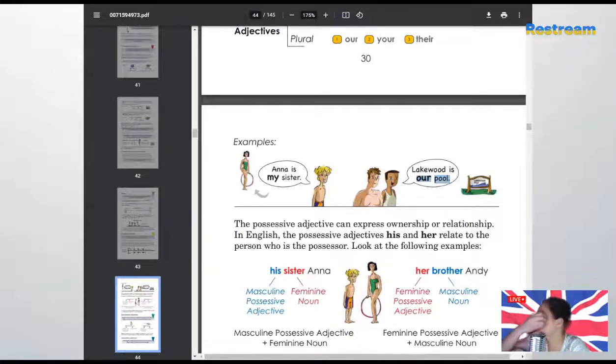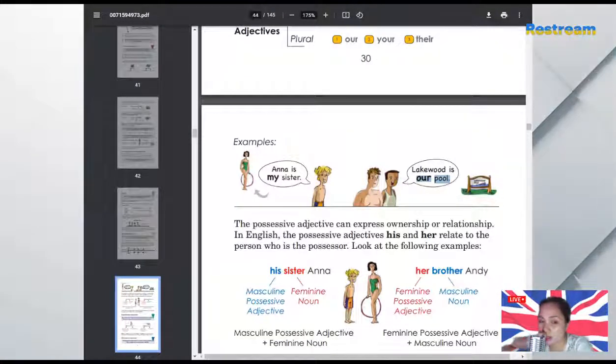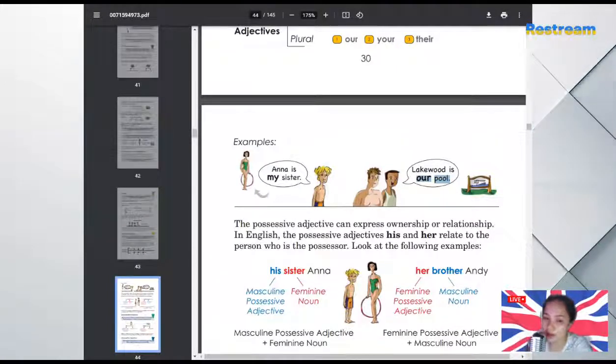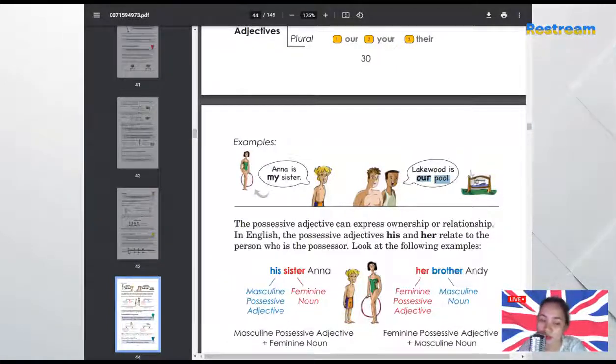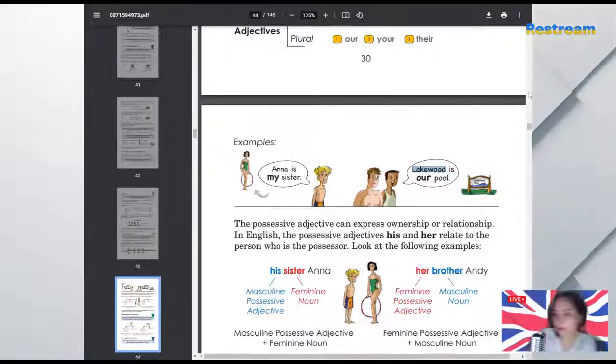As you can see here, the possessive adjective is in the first part of the sentence, and then we have the linking verb, and then we put the subject itself. So this is our possessive adjective.